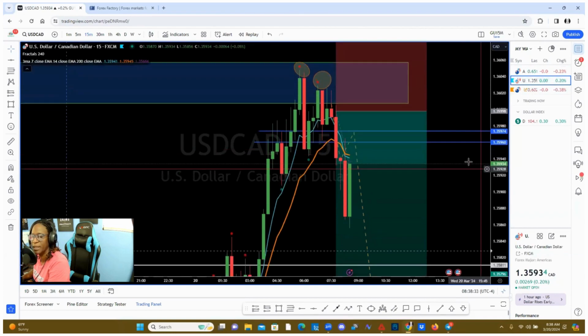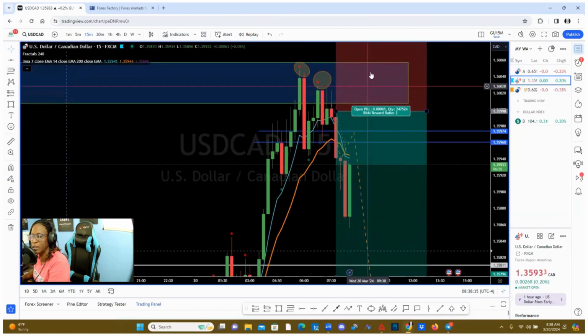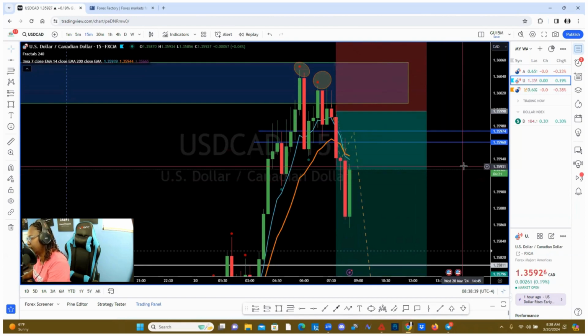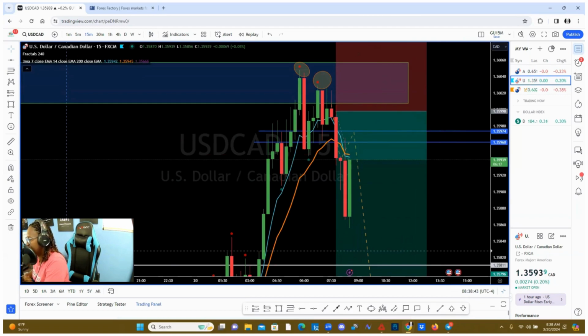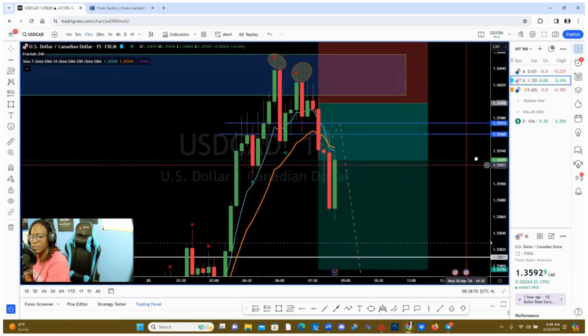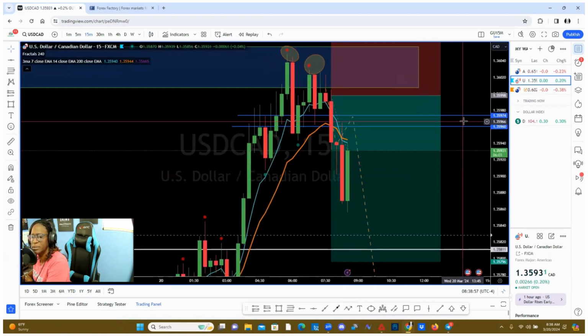I'm hoping the CAD doesn't try to go back up in here to tap that area that I was saying it may tap. I did not take any profit, but my trade is protected. That's the CAD. So, let's see. This is supply.